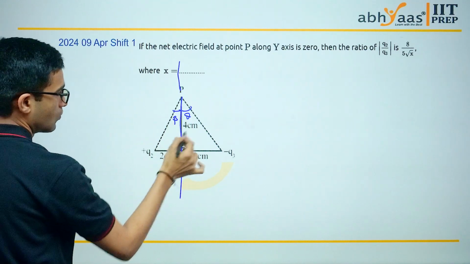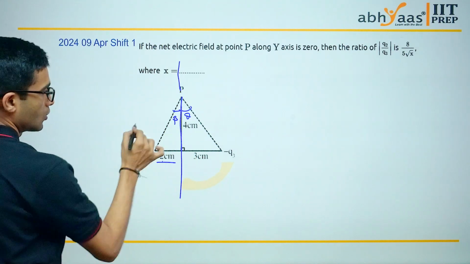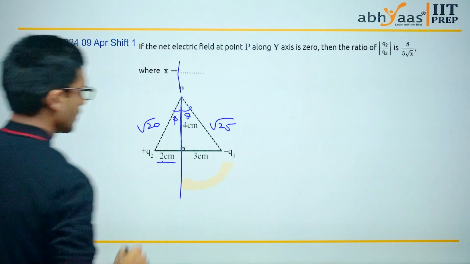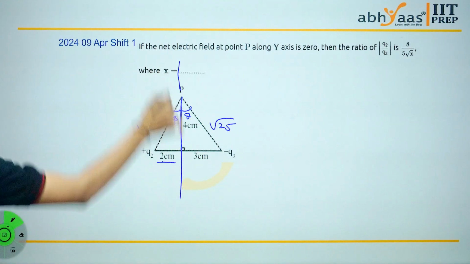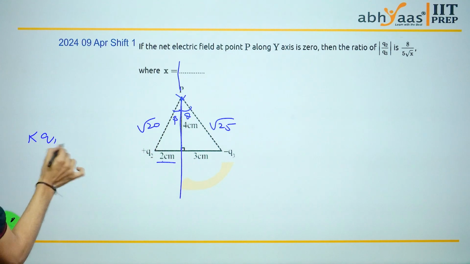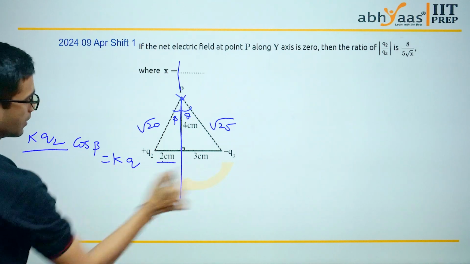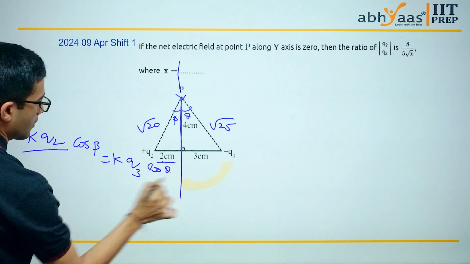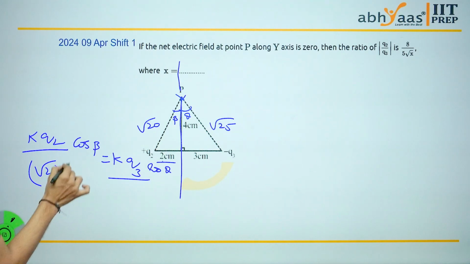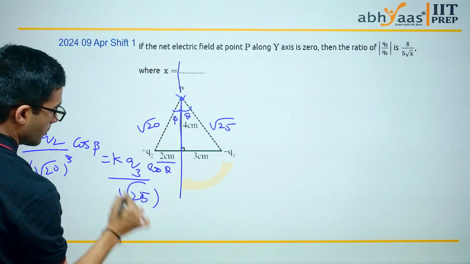Along this, what is this hypotenuse? 2 square plus 4 square is root 20. This one, 3 square plus 4 square is root 25. If you try to calculate the electric field along this line, y-axis at point P, this is K Q2 cos beta, equal to K Q3 negative cos theta, divided by R power 3. This distance is root 20 power 3, and this is root 25 power 3.